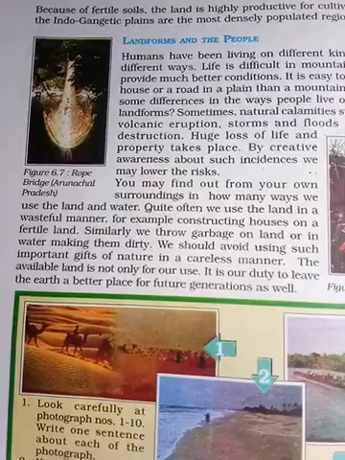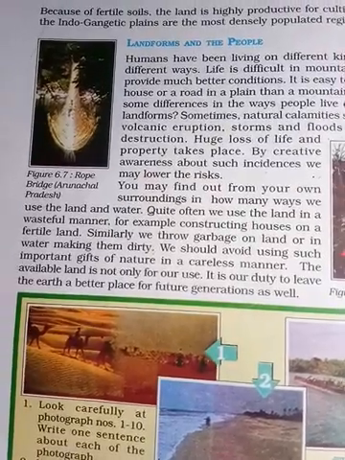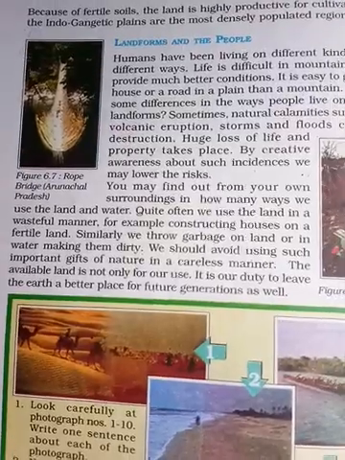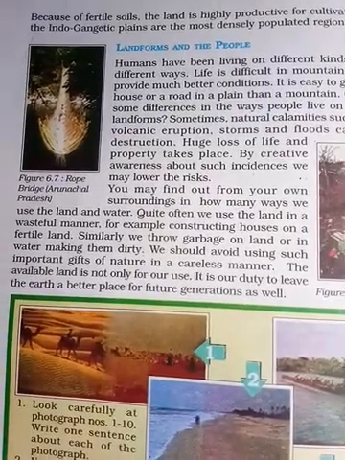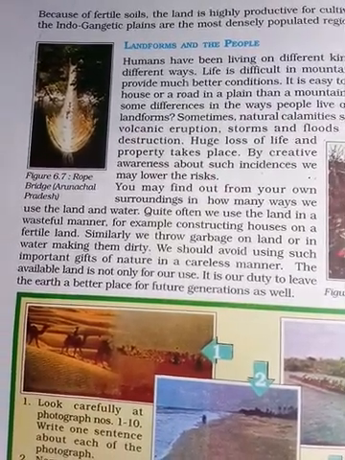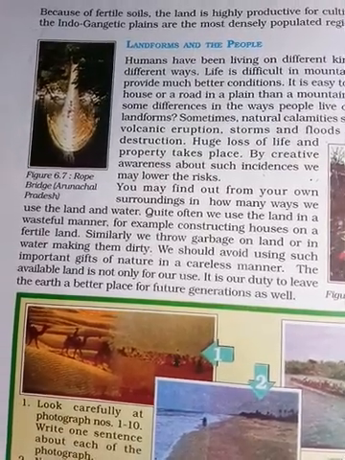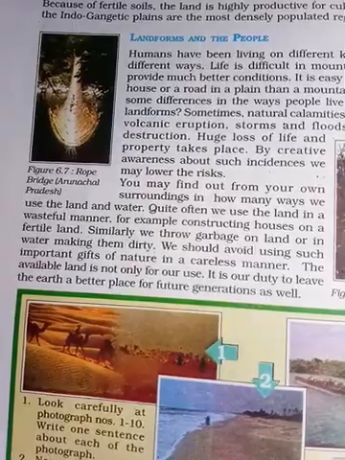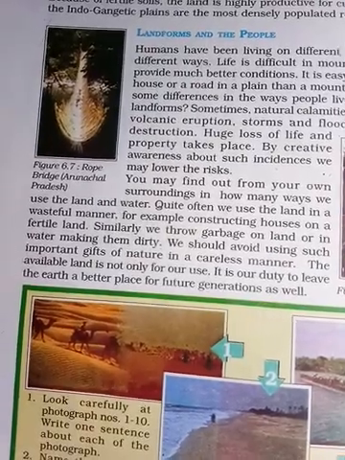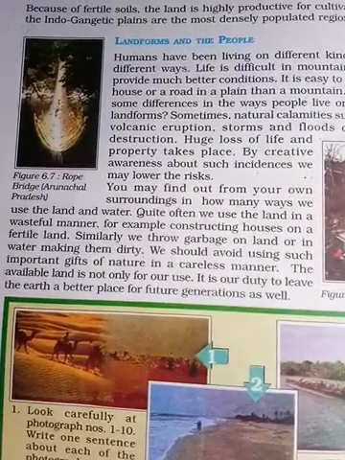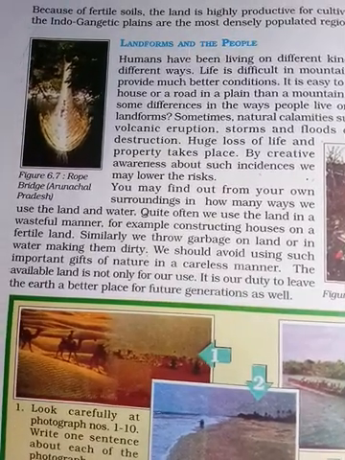We often use land in a wasteful manner, for example, construction of houses on fertile land. In plain areas, much fertile land is converted into industrial areas, business areas, or used for constructing houses and industries. That means the area of fertile land becomes very less.